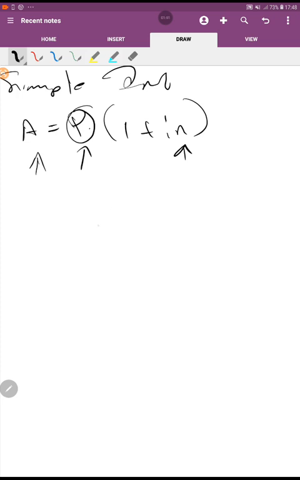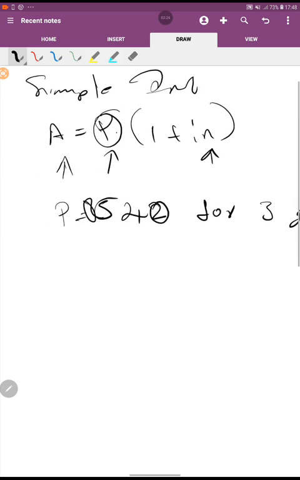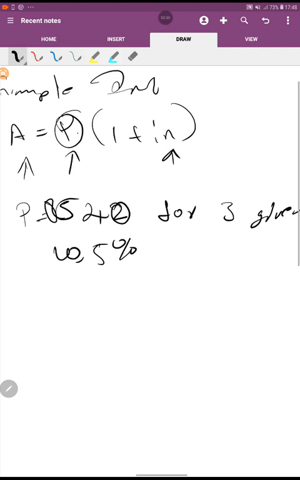P is 540 rand, and it's for a period of 3 years, given a percentage of 10.5%. So 10.5% for a period of 3 years, and use simple interest, right?